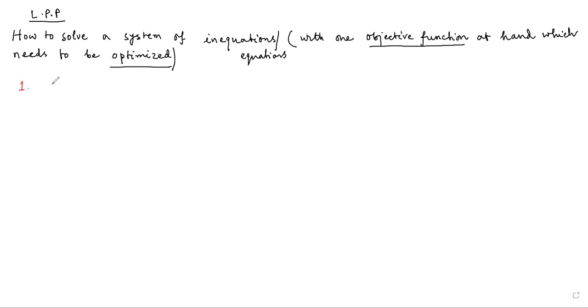Number one, we want to minimize a function which is denoted by z. This function is a function of two variables.